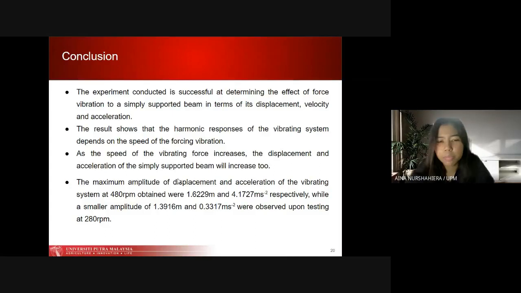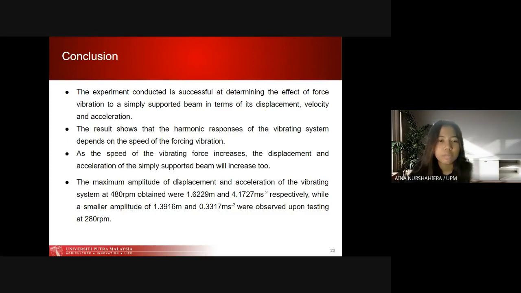To conclude, the experiment was conducted successfully in determining the effects of forced vibration on a simply supported beam in terms of its displacement, velocity, and acceleration. The results show that the harmonic response of the vibrating system depends on the speed of the forcing vibration. As the speed of the vibration force increases, the displacement and acceleration of the simply supported beam increase as well.